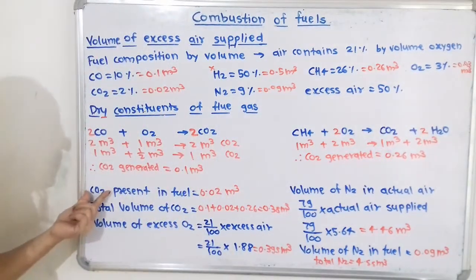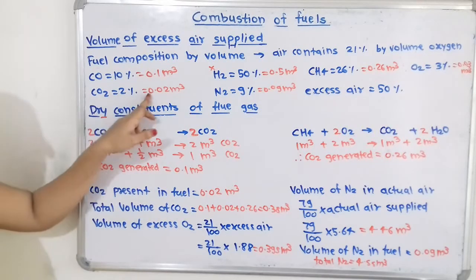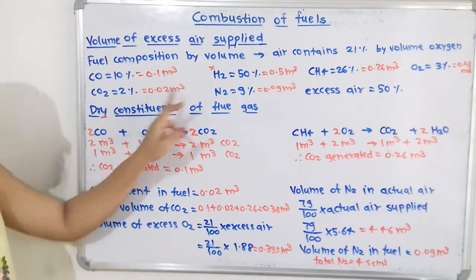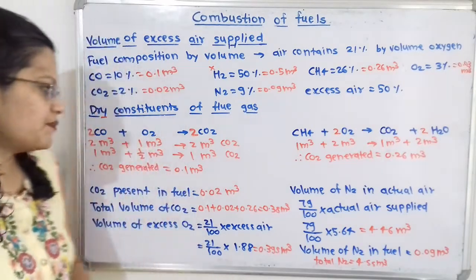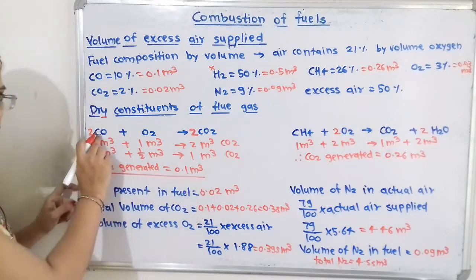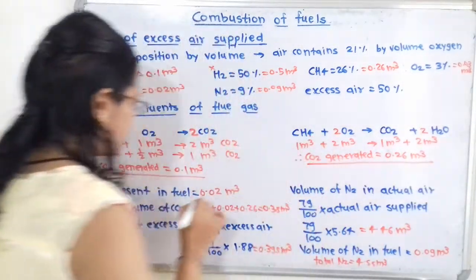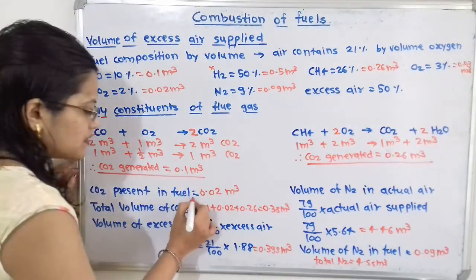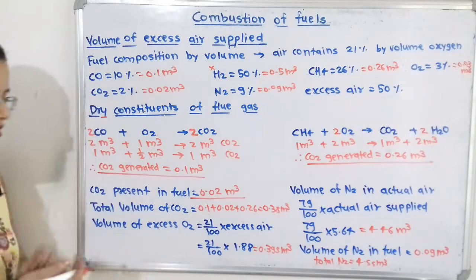Now, CO2 present in fuel: carbon dioxide is already present in the fuel, that is equal to 0.02 meter cube. Now what is the total volume of carbon dioxide? We will consider the CO2 generated after the combustion of CO, plus the CO2 generated after the combustion of CH4, plus the CO2 present in fuel. When we add these, we get 0.38 meter cube.